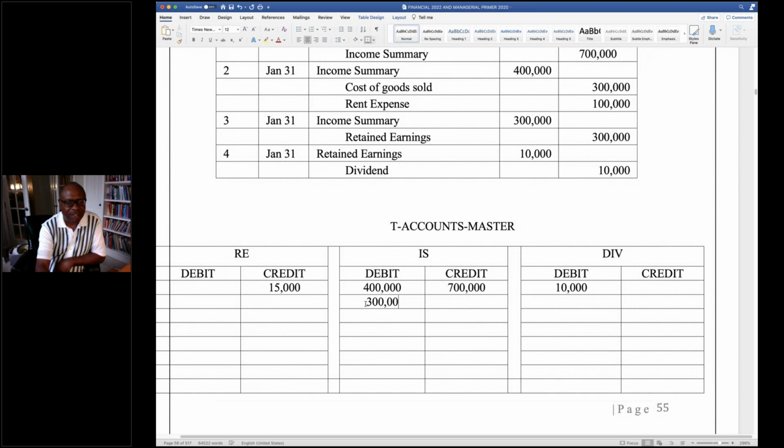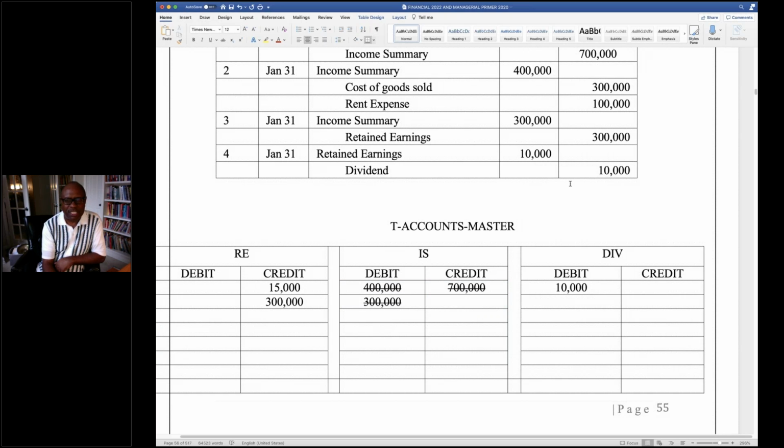You believe. It is. Okay. So then we credit it. So what does that 300,000 represent? That's the income summary. Net.